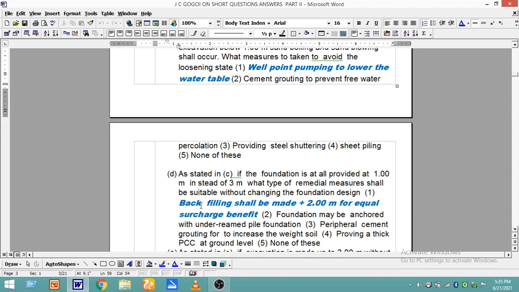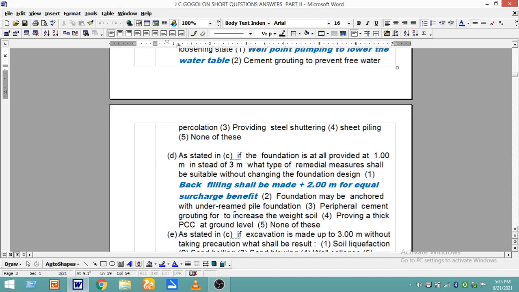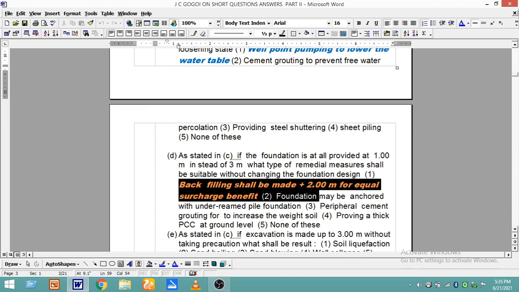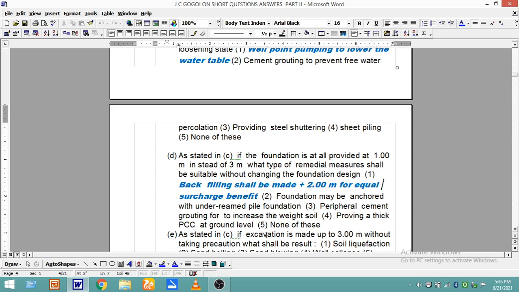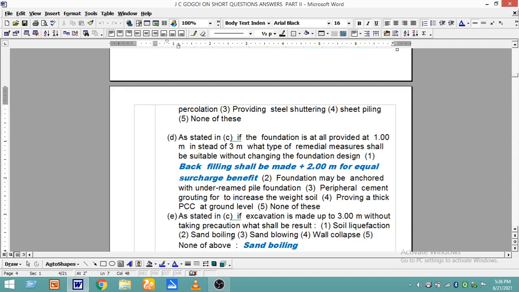The backfilling shall be made about 2 meter above the foundation, which shall give the same surcharge load as we need for 3 meters. So the simple answer is backfilling for 2 meter extra. As stated in C, excavation is made up to 3 meter without taking precaution.